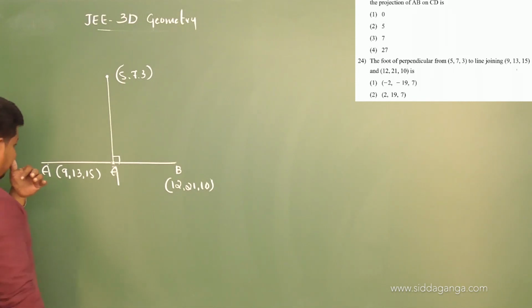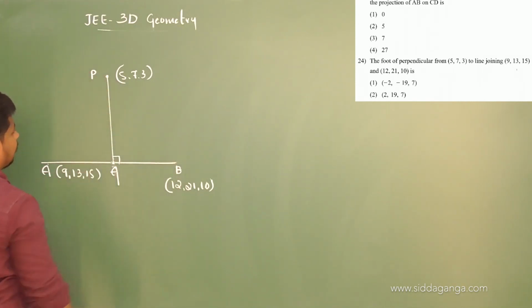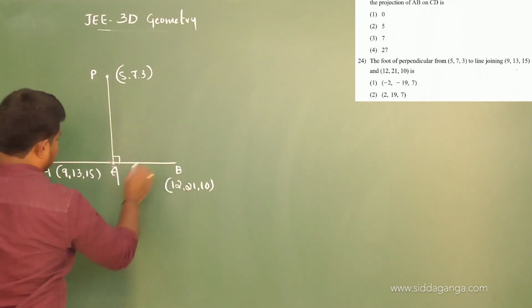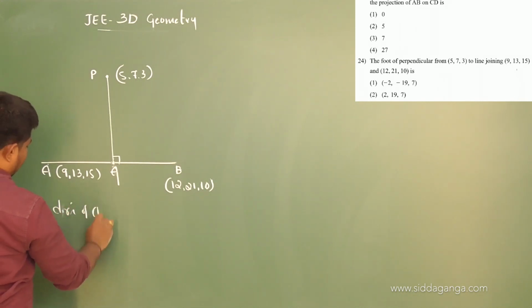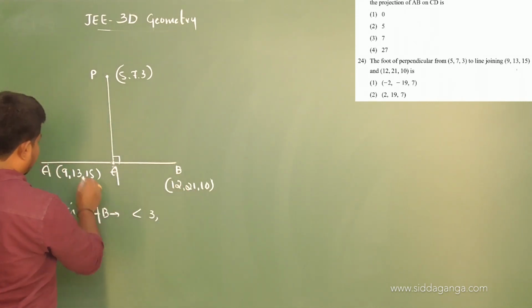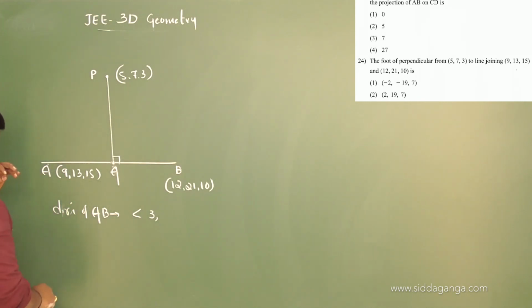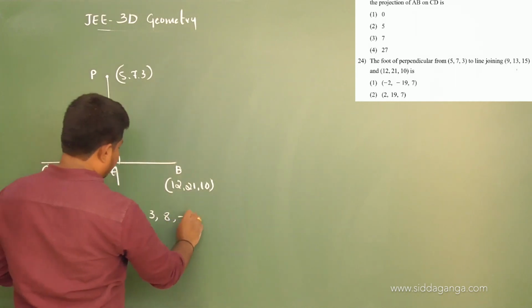Now let me find the ratios of AB as well as PA. The direction ratios of AB are 12 minus 9, that is 3, 21 minus 13, that is 8, 10 minus 15, so minus 5.